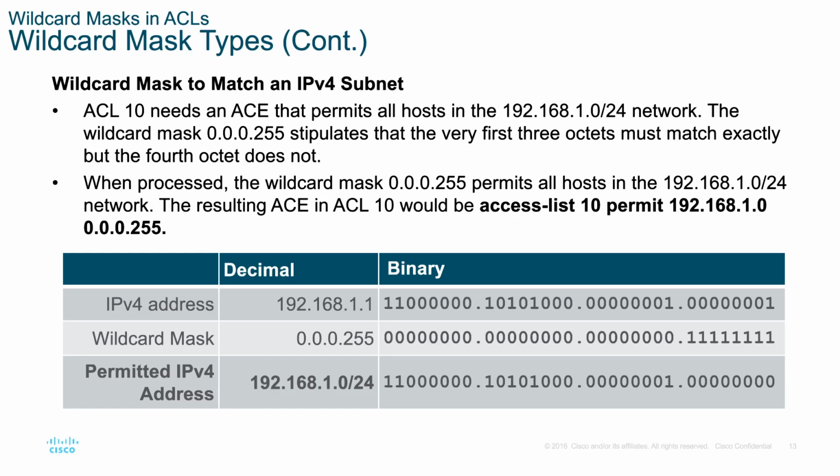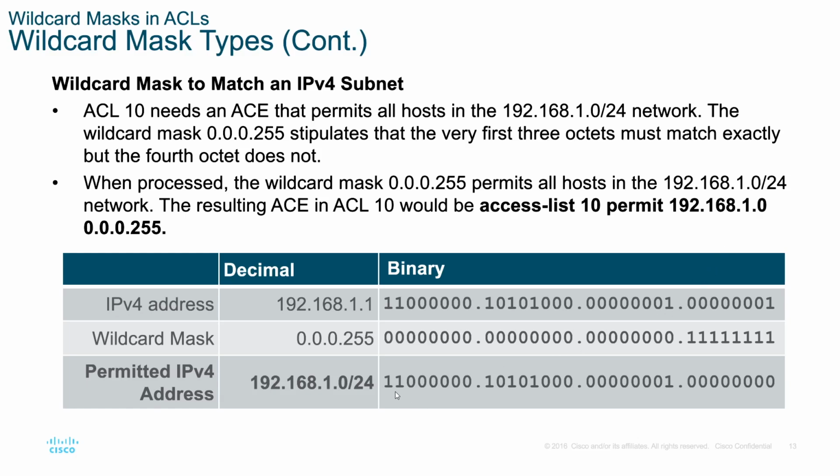Okay, in this example, we're permitting the hosts within the 192.168.1 network. So the wildcard mask is 0.0.0.255. It only has to match the first 3 octets, or the first 24 bits, and it's going to ignore every bit in the last octet.